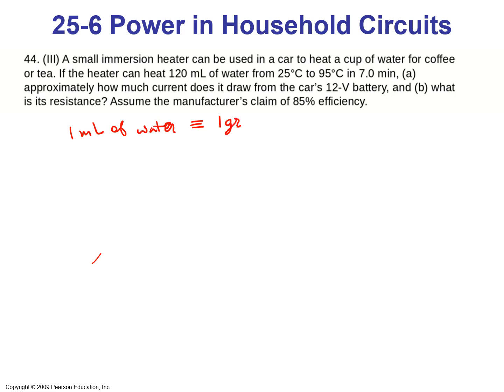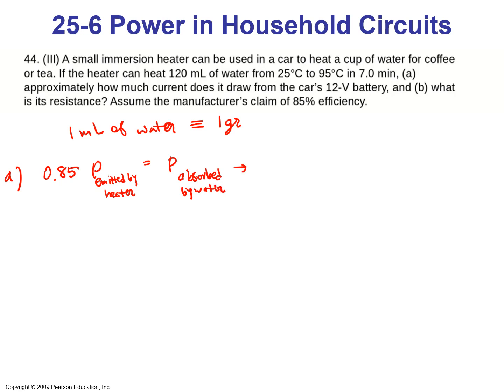Okay, so for part A, we say 85% of power is emitted by the heater, and that is the power absorbed by the water.